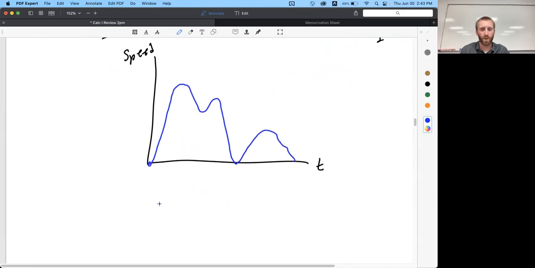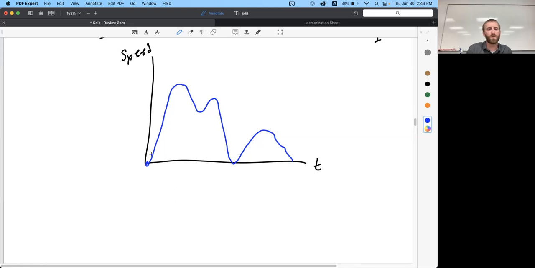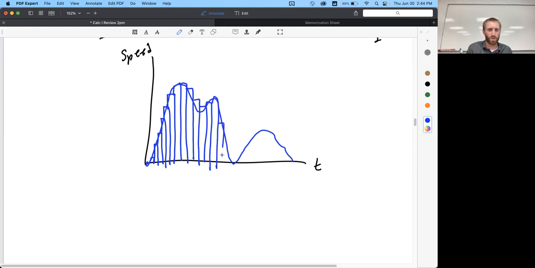And the way that we can do that is by using a bunch of different little rectangles and then adding them all up. So I'm going to use this little rectangle to estimate the area there, and then this one to estimate it there, and then this one and this one. And if I just keep doing that, then I can think about adding up all these rectangles. I'll just draw a couple more.